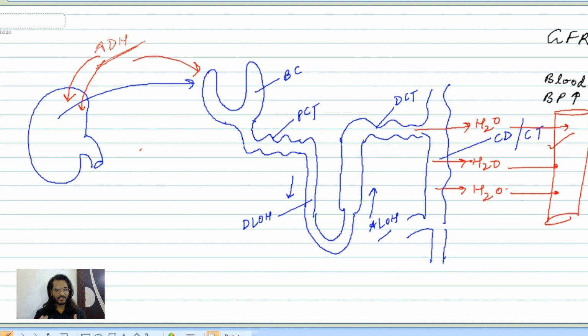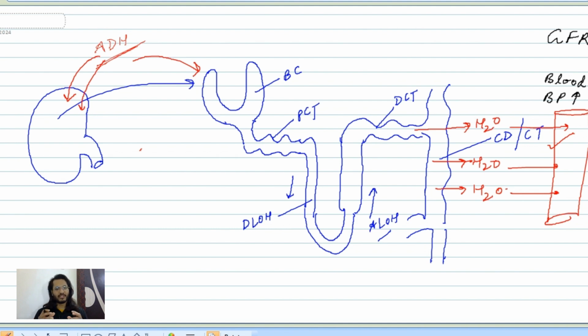So this ADH hormone causes reabsorption of water from the later part of the nephron, the last part of the DCT and the collecting duct. Water comes back into our circulatory system, increasing blood volume and blood pressure, which increases the glomerular filtration rate.